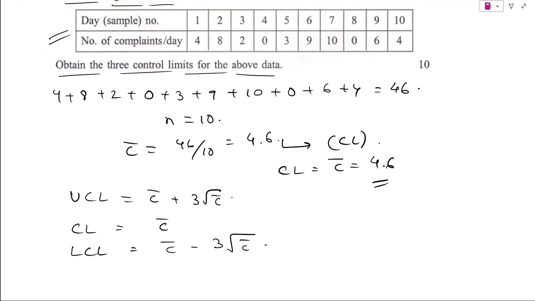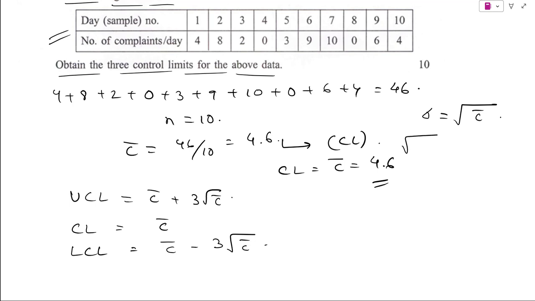Because under normal statistical variation, about 99.73% of the observations lie between plus minus 3 standard deviations. If any point falls outside these limits, it usually indicates the presence of an assignable cause and the process should be investigated. And for a C chart, sigma is root of C bar.